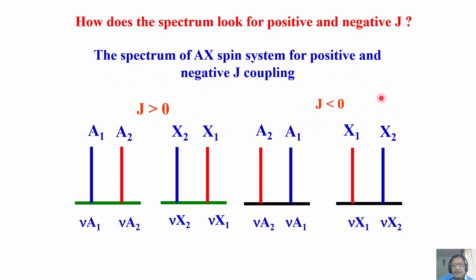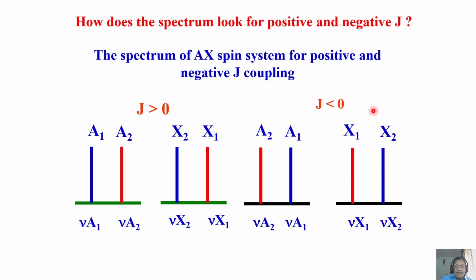Now for J less than 0, if you look at the spectrum, you see A2 has come here and A1 has moved here. X1 has come here and X2 has moved here. So A1 and A2 got interchanged, and X1 and X2 got interchanged.